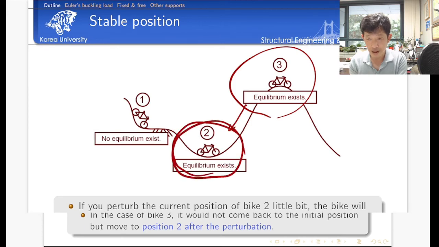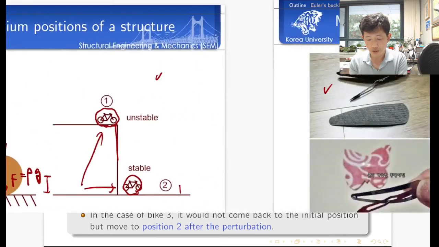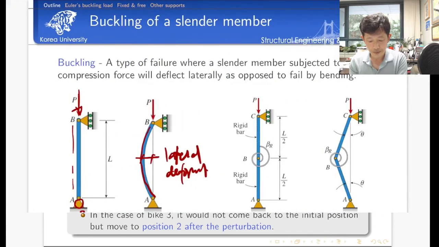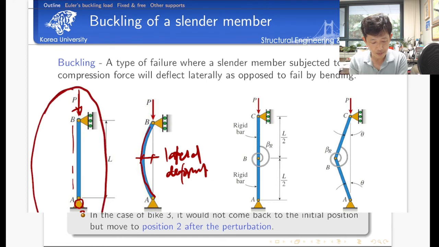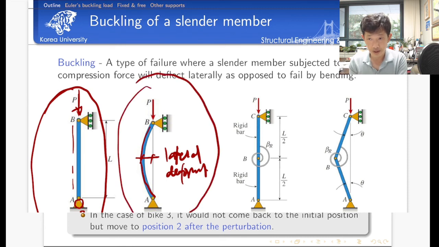So you find another equilibrium. This is called a stability problem, with multiple equilibria. We'd like to analyze this problem as an axially loaded member, a one-dimensional problem, but suddenly it becomes another category. This is called stability.